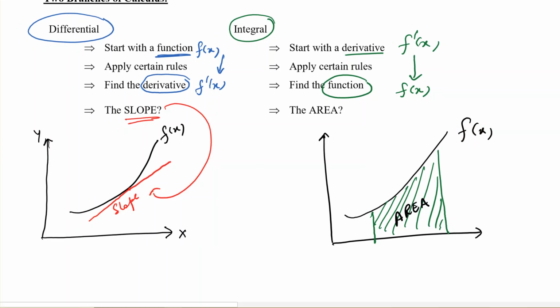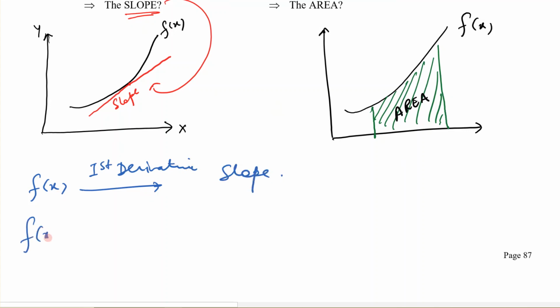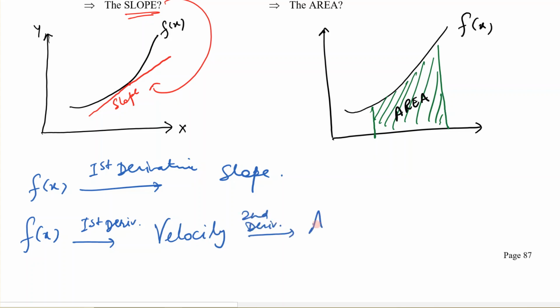Thus when we deal with derivatives, we start with the function and the first derivative gives us the slope of the function. We also learned that the first derivative gives you velocity if you start with the displacement function, and the second derivative gives us acceleration.